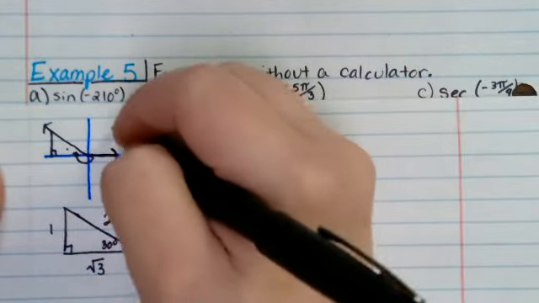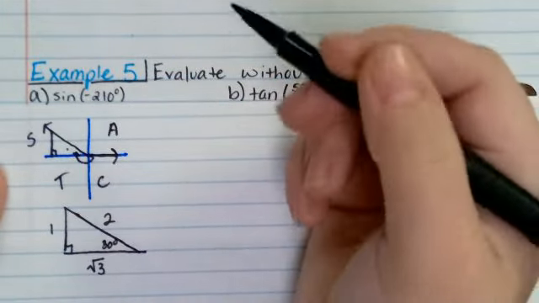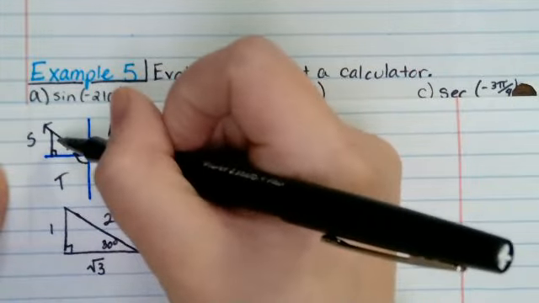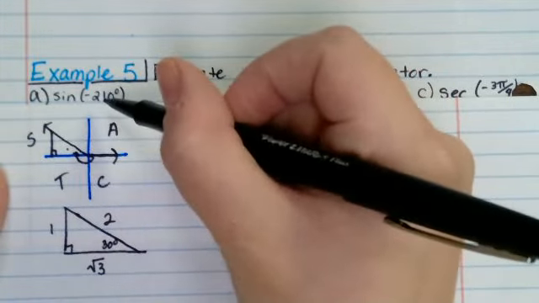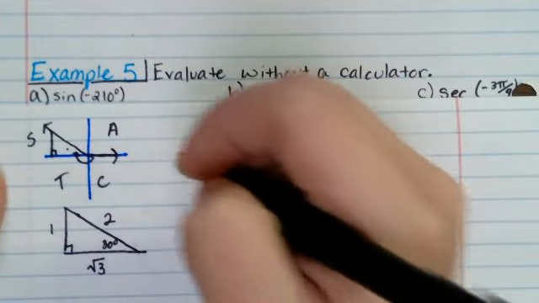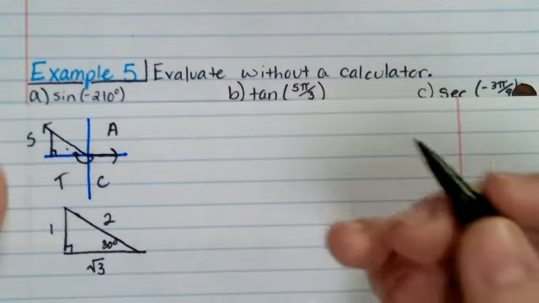What I want you to remember here, though, is the all students take calculus rule about what is positive in that quadrant. In this quadrant, sine should be positive. So when I'm evaluating sine like they ask, then it will be a positive answer. Okay? So this is kind of like my work for the problem, and then I can just give the answer.